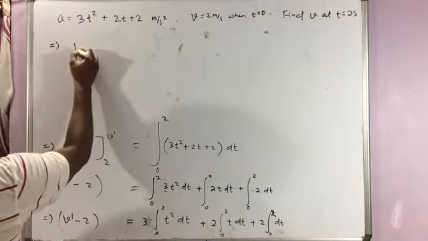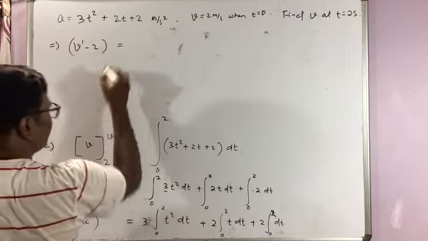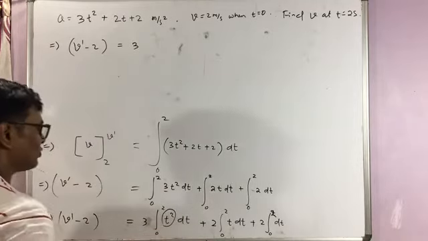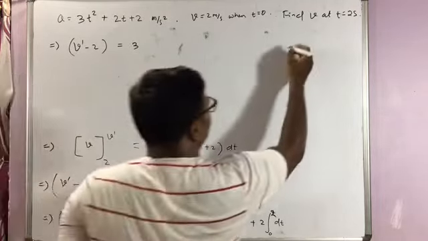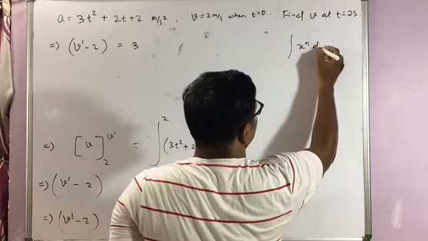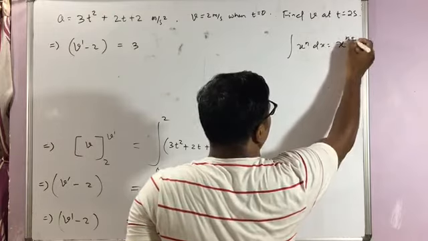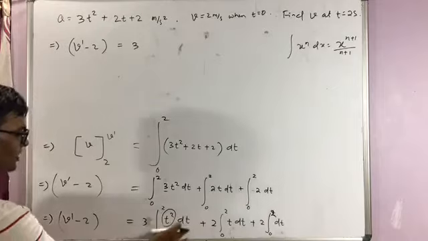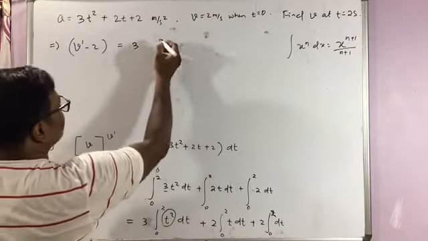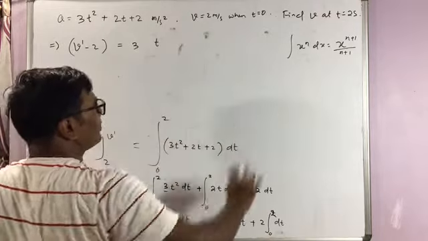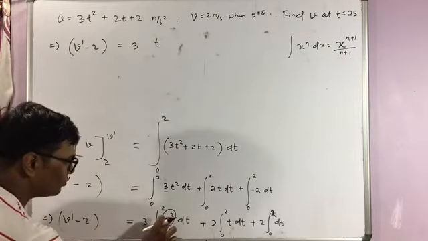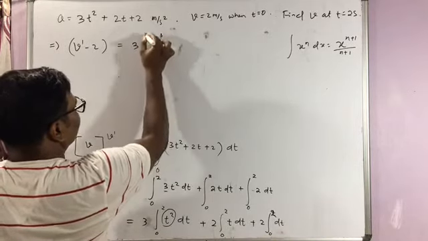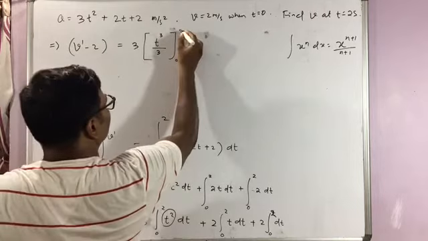So v dash minus 2 will be 3 times, where t is your 2. I have applied the formula, integration of x to the power n dx is x to the power n plus 1 by n plus 1. This formula will be applicable here. So t square from 0 to 2 dt becomes t to the power 2 plus 1 by 2 plus 1, so t cube by 3, and the limit will be 0 to 2.